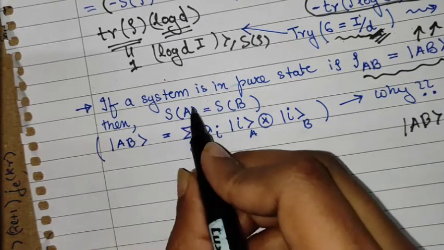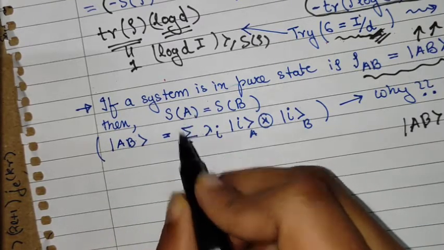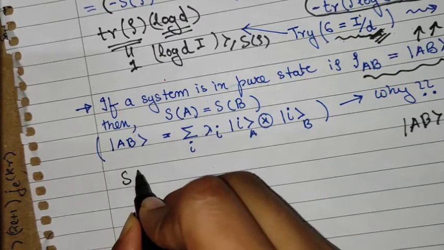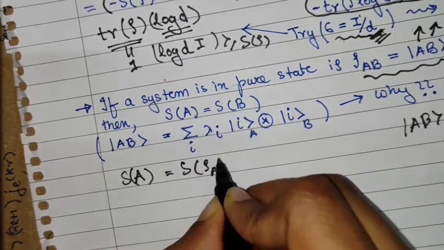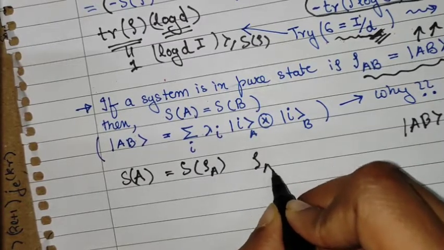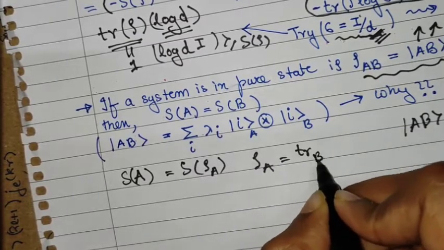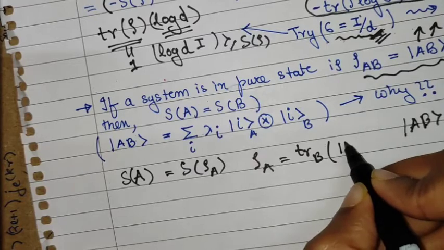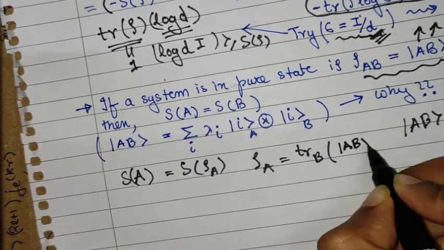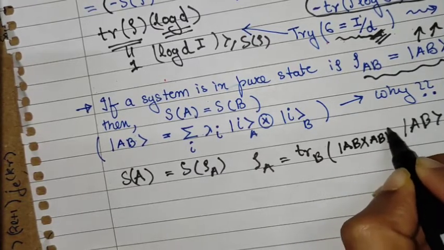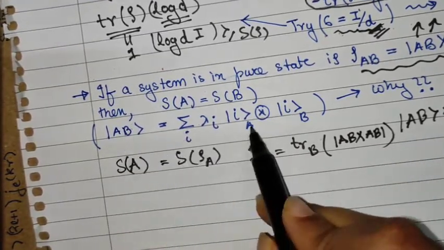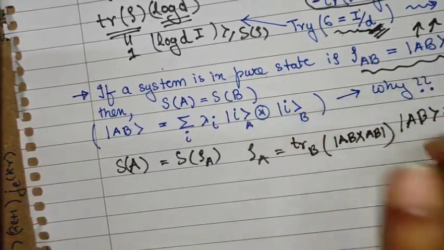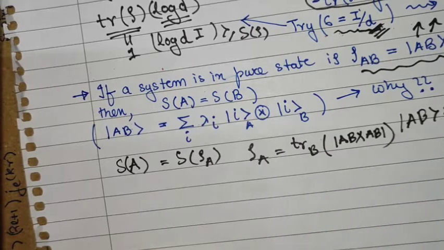So we have to see what S of A is. S of A means S of rho A, and rho A is obtained by tracing out B from AB. So AB will be hit from both sides, and then we will be tracing out.